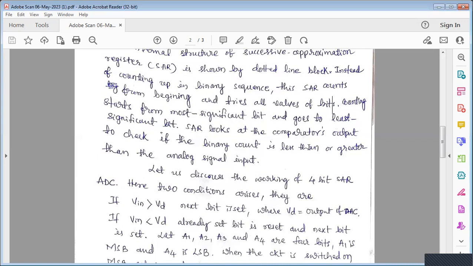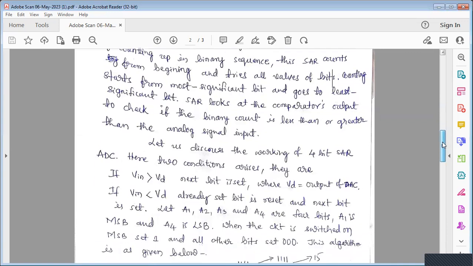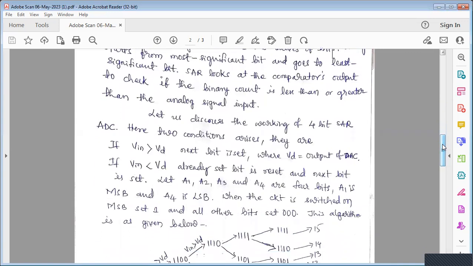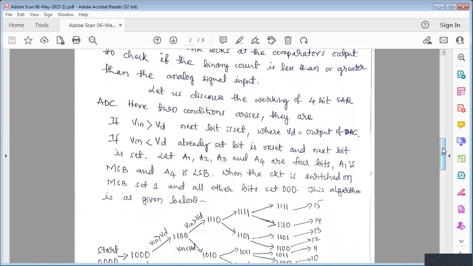The comparator goes on only when the input signal is greater than the output of the ladder circuit. And here we come across two types of conditions, and let us discuss the working of the 4-bit SAR ADC.